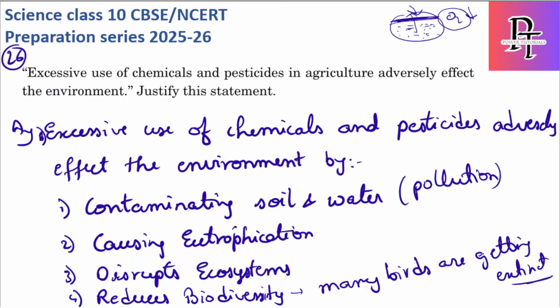They die because of the excessive use of chemicals and pesticides. If it is in minor quantity, then nothing will get affected, but as mentioned, this question is about excessive use of pesticides. If excessive, they cannot bear it and they can die. So you have to say reduced biodiversity, disrupts ecosystems, causing eutrophication, and contaminating soil and water. In this way, all the very short answer questions have been solved.